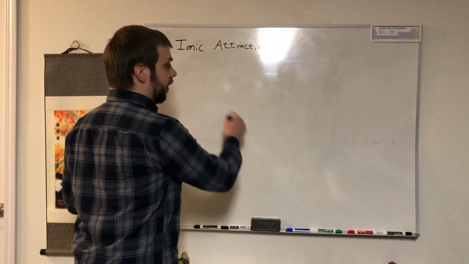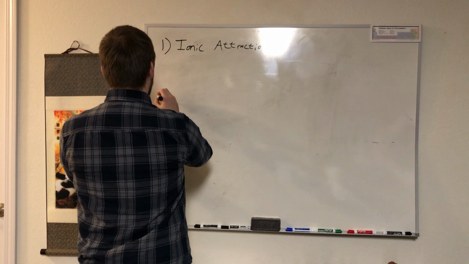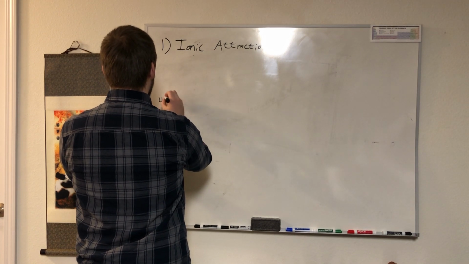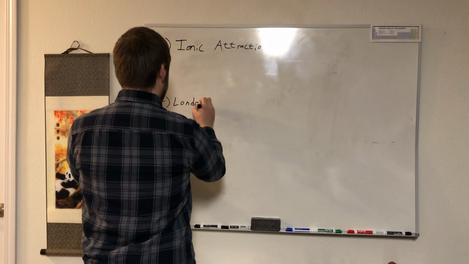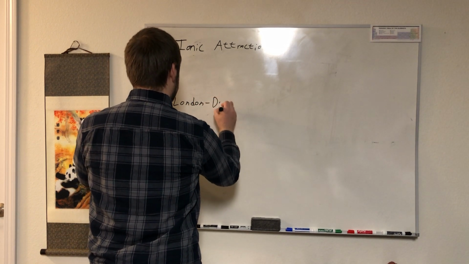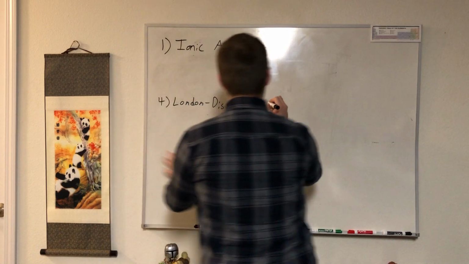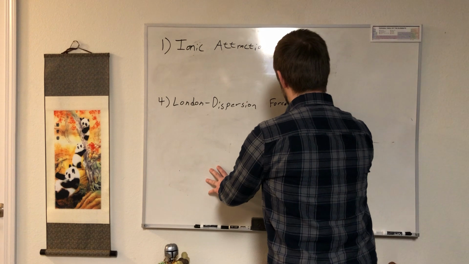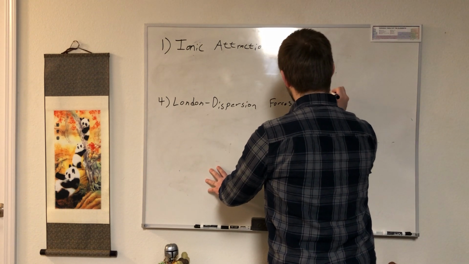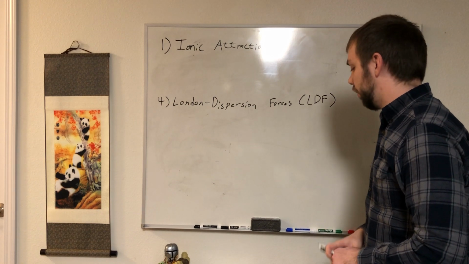I'm just going to put this over here for now, or leave a little bit of space. I'll be ranking them later. So this is the London dispersion forces, or LDF. That's a good one to know.